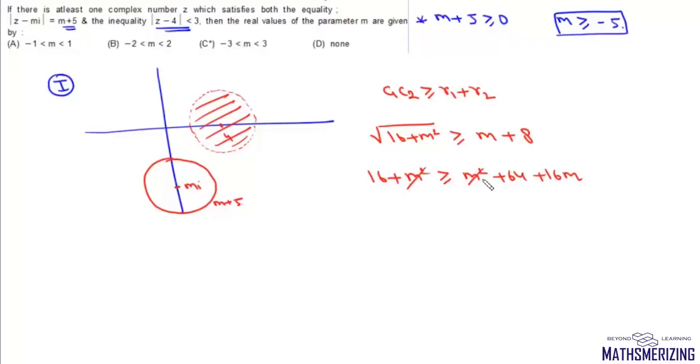Now this m square will cancel. So we'll get 16m less than or equal to 16 minus 64, that is m is less than or equal to minus 3. So that's our first case.